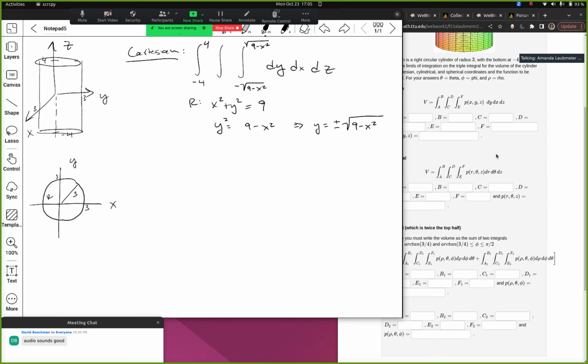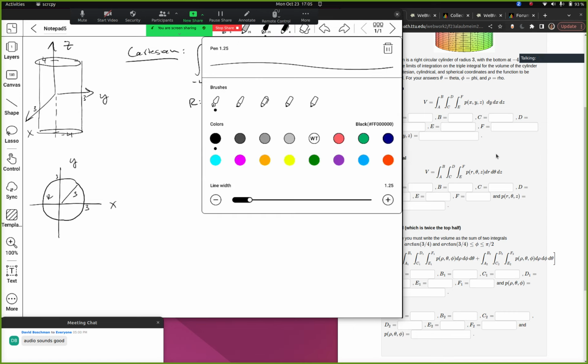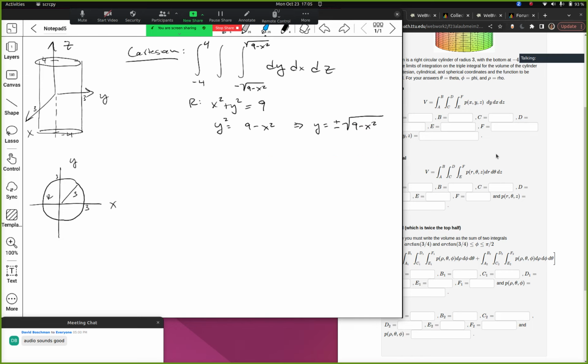And then just to show you, that positive root 9 minus x squared is this part right here, and that negative root 9 minus x squared is this part right here. So those bounds are saying we start down here and go up here for any value x. And then our x bounds just have to be, if you smushed this shape down and checked what interval it shadows on the x-axis, that's what we have to fill in.